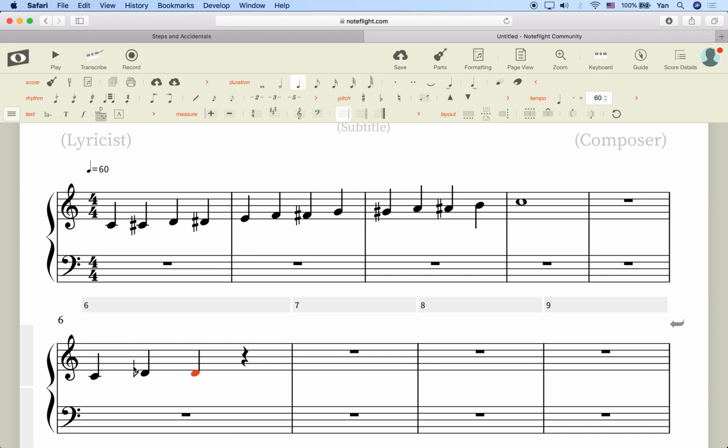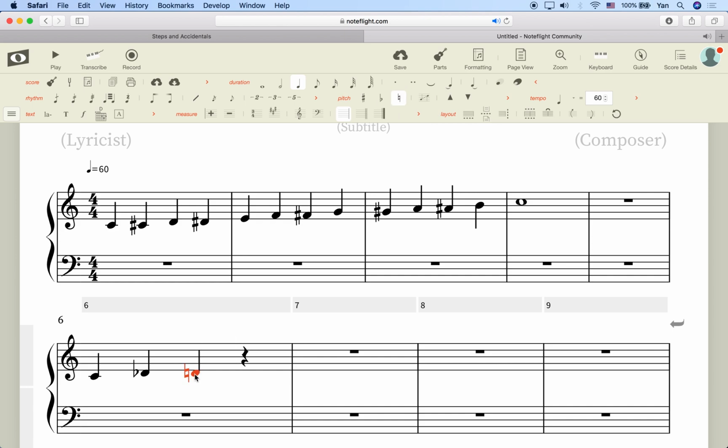But be mindful that I wrote D flat, so this next D, which is within the same bar, the same measure, is also going to be D flat, even though I haven't written a flat in front of it. So this is our important rule of accidentals that is very commonly found in music. Now, if I want to make a half step higher than D flat, this is where writing D natural is going to help.